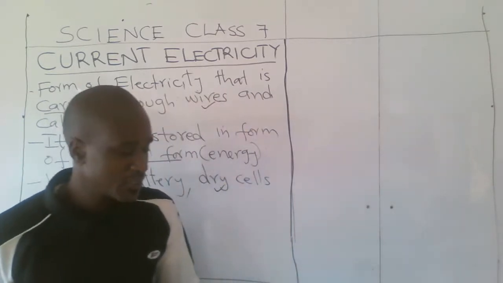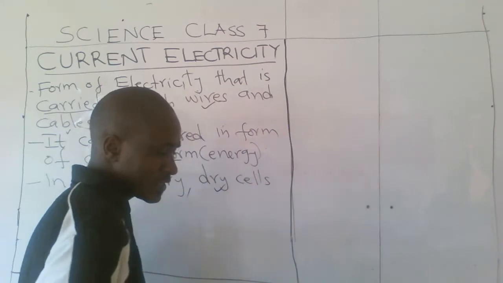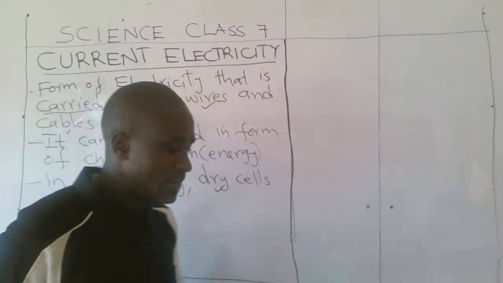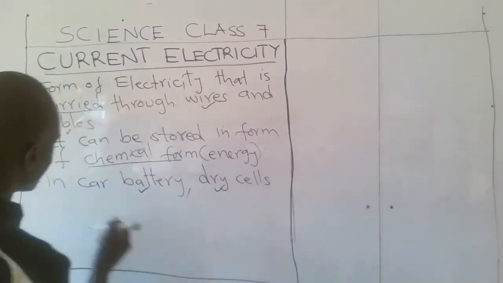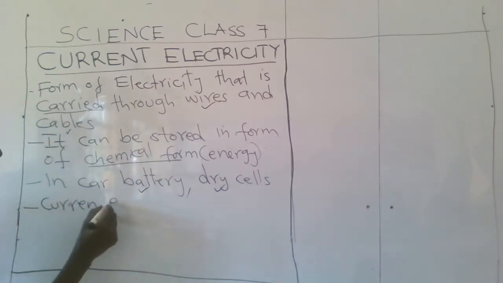And we say current electricity is the one which is moving. So current electricity can move from one place to another.